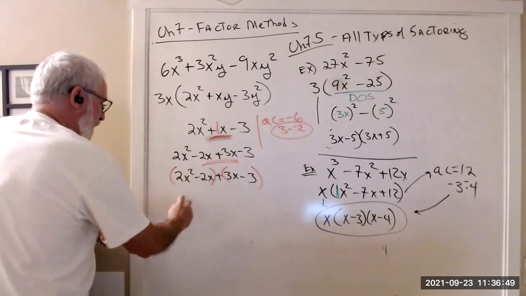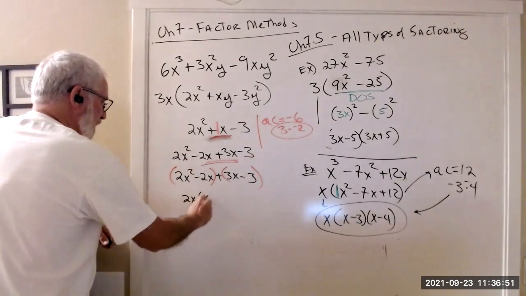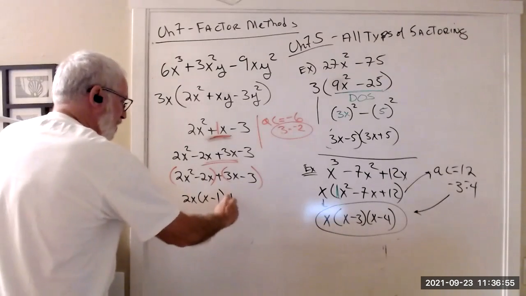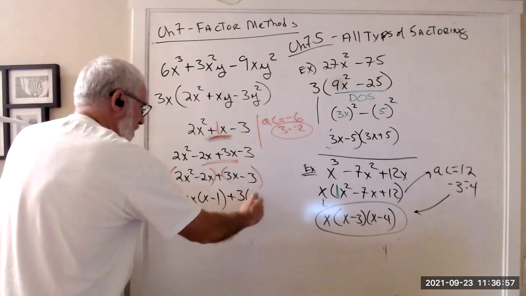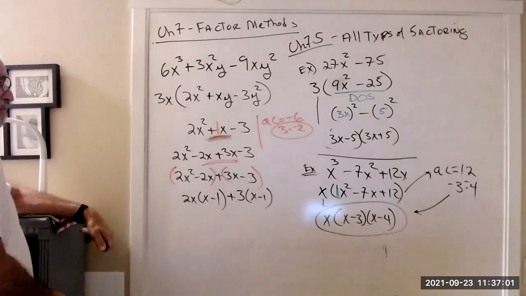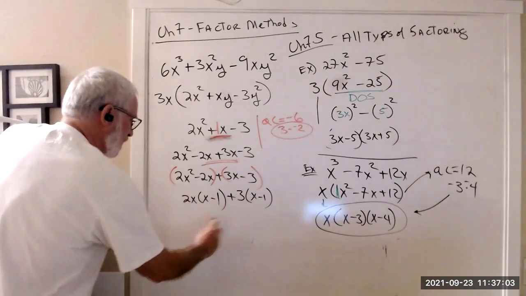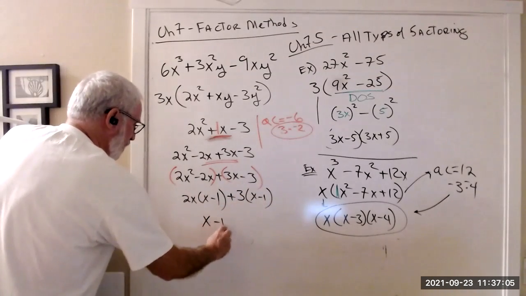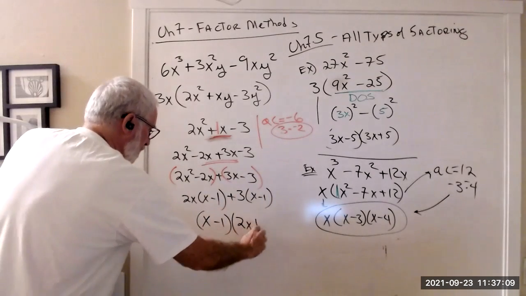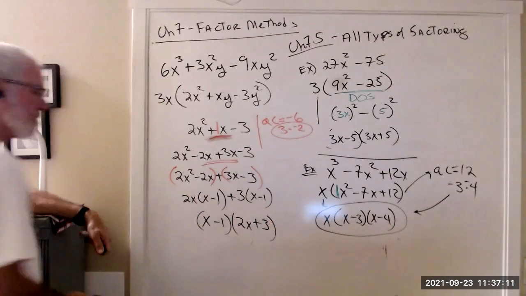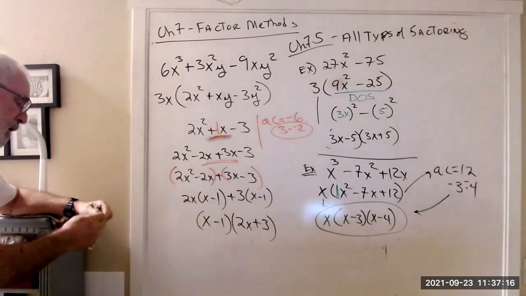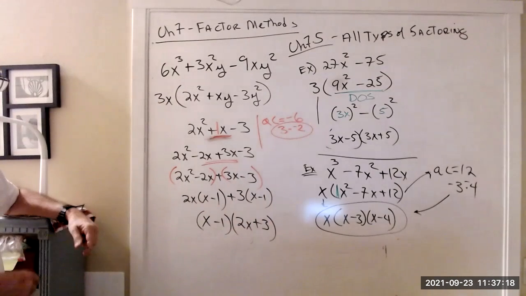Take out a 2x, leaving x minus 1, plus 3, leaving x minus 1. Continue to factor this. I can take the x minus 1 out in front and the 2x plus 3 falls out. Now, hold on. We're not done by a long shot.